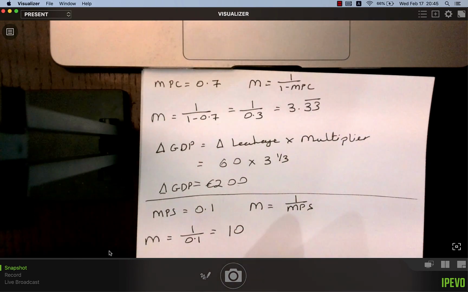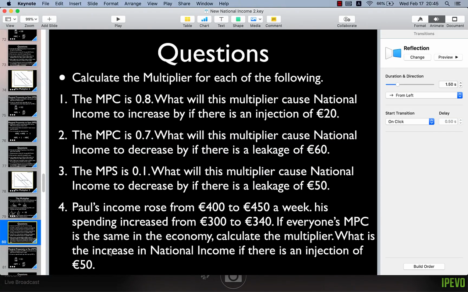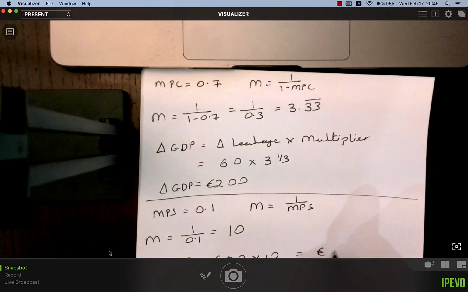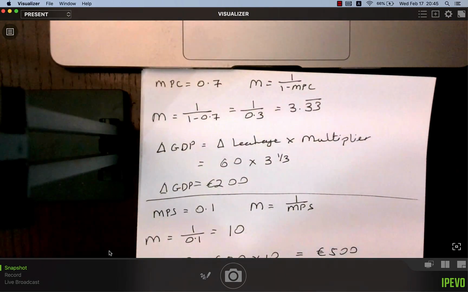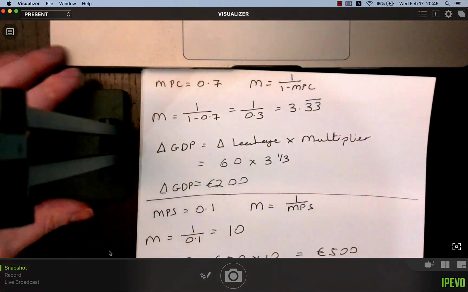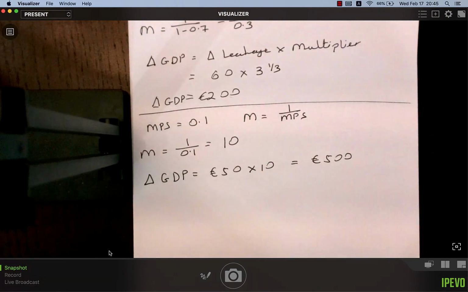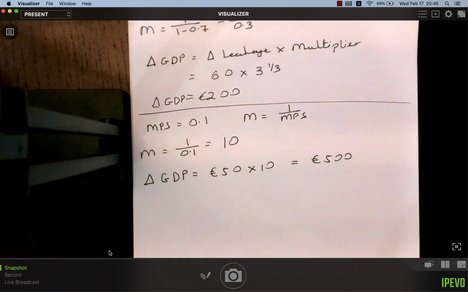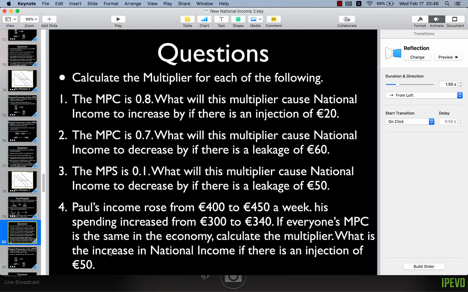So the change in GDP, now this is an increase foregone, equals, sorry, I better check, it was 50 euro, I believe, and 50 euro multiplied by 10 equals 500, million, billion, trillion, whatever, okay? And you must forgive me, I just realized you couldn't see that, so I'll move down there, okay? Now, what I'm saying here is that national income will not rise by 500 euro in this case, because it was a leakage and it wasn't spent on the goods produced in the domestic economy.